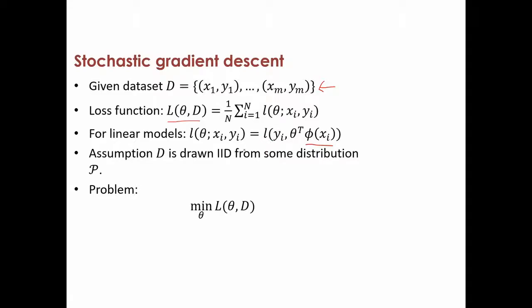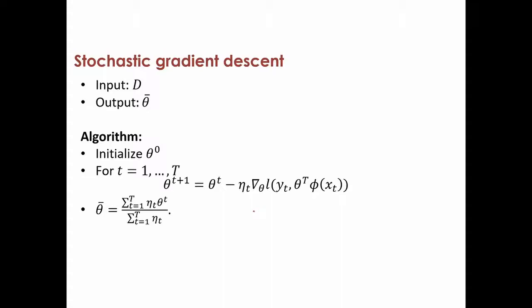Now your dataset D, as mentioned earlier, is drawn IID from some distribution P, and your problem is to minimize this. For this analysis we will take a somewhat weird algorithm.